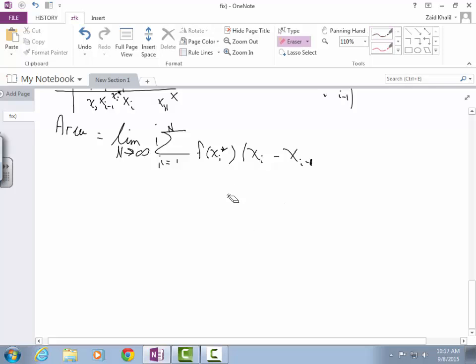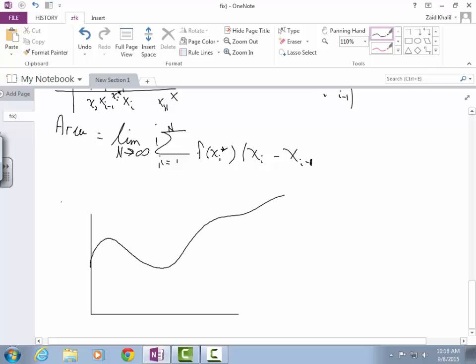So now in order to understand how this relates, we're going to graph a different function. We're going to graph a function whose derivative is little f of x. So we graph this other function. And this is capital F of x.